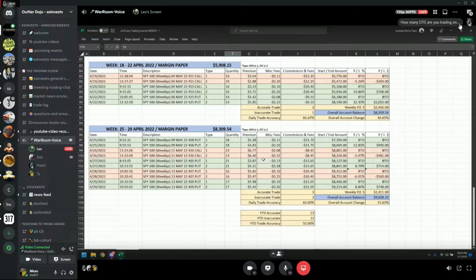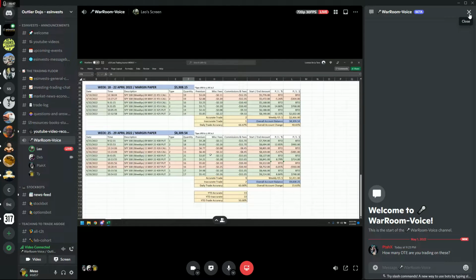I was focusing not on the profitability of the strategy, but on the accuracy of it, anticipating that if I was 60% accurate and my wins had a slightly better average than the losses, then that would naturally lead to being more profitable. So I was focusing more on the accuracy aspect rather than pure profitability.